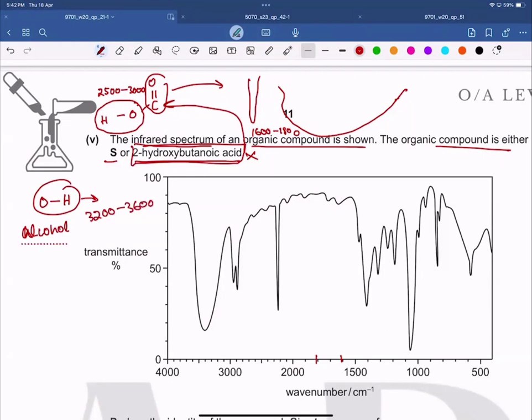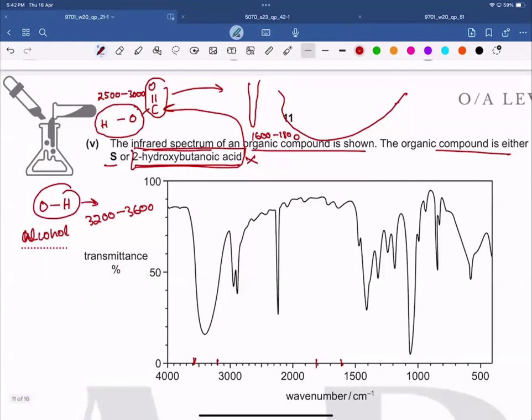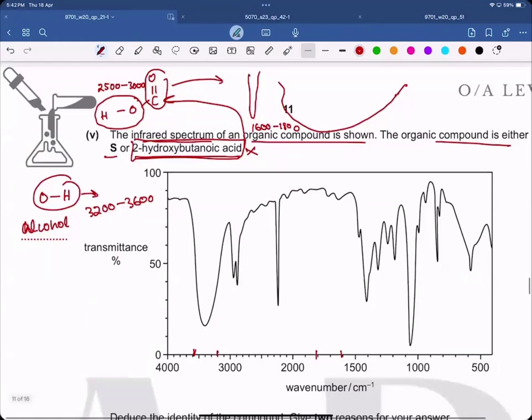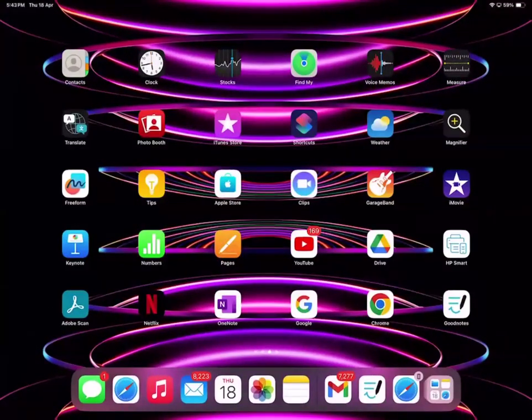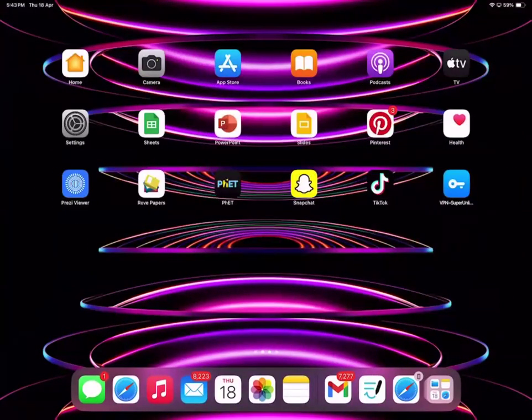So see, here it's 3200 and here 3600, we are getting the peak. Yeah, it's around 2100 or 2200. Let's see where it is.